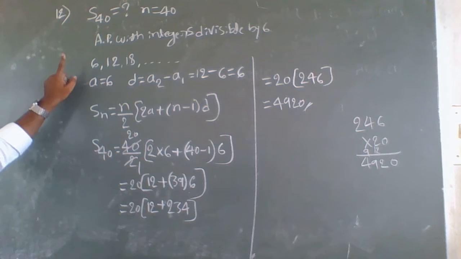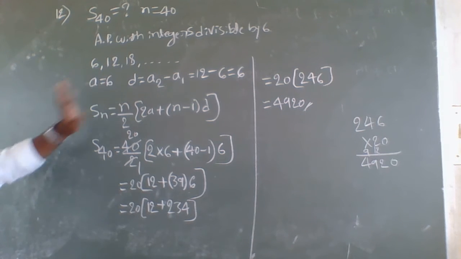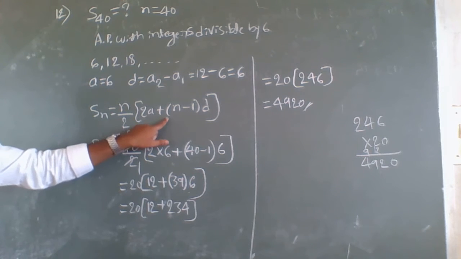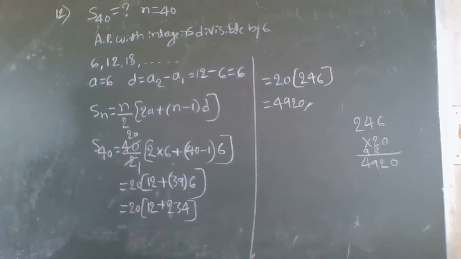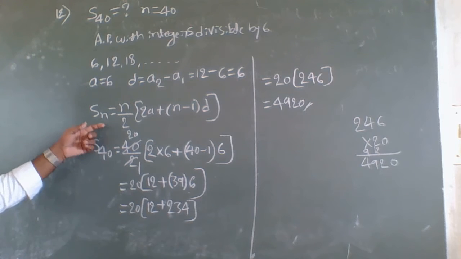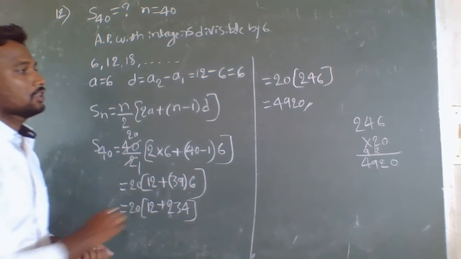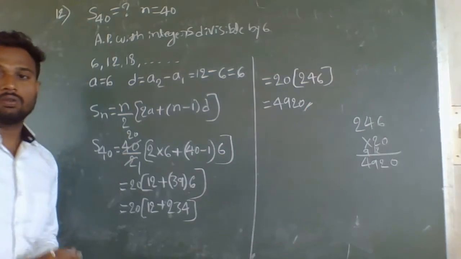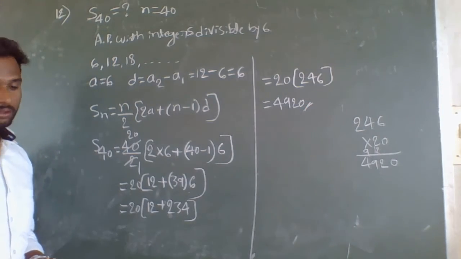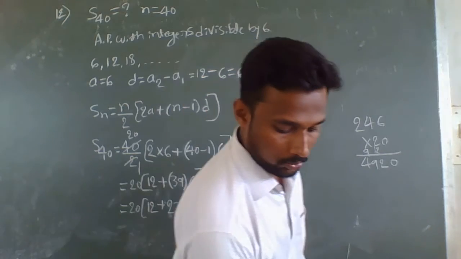By using this I can calculate the A value and D value. I use the formula Sn is equal to n by 2 into bracket 2a plus n minus 1 into D to calculate the S40 value. Finally I got the answer as 4920. So this is the 12th problem.